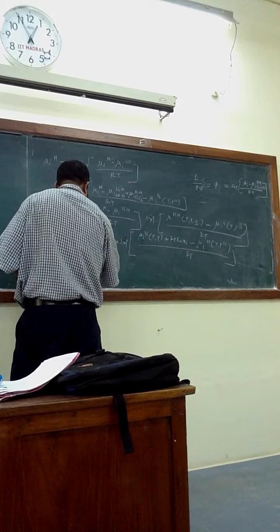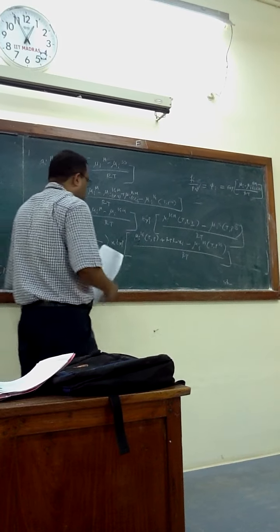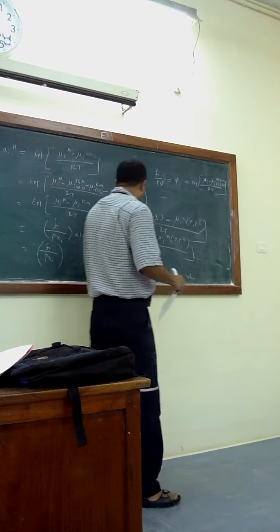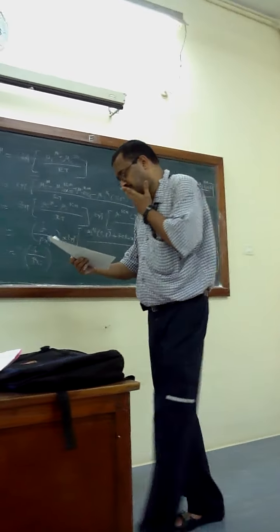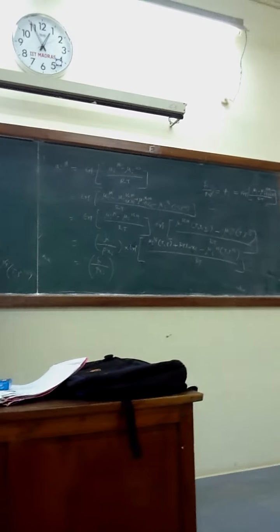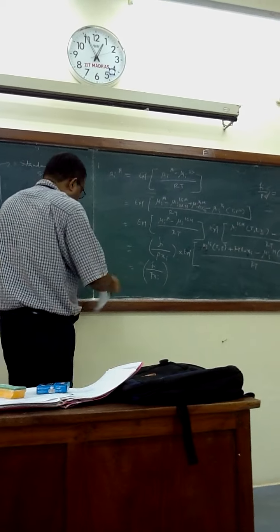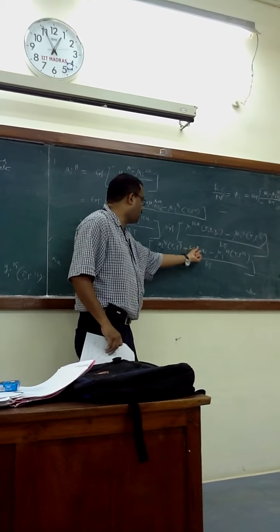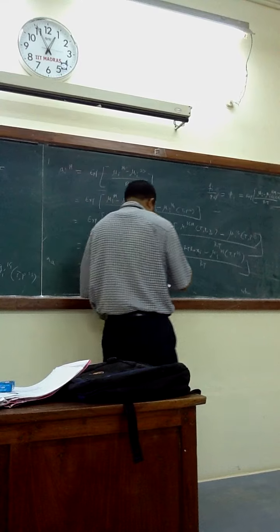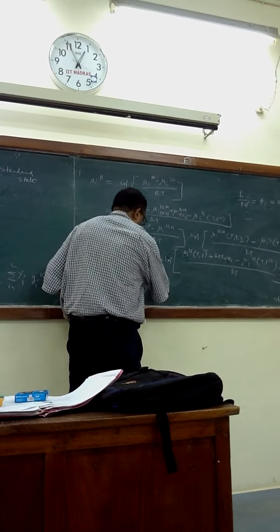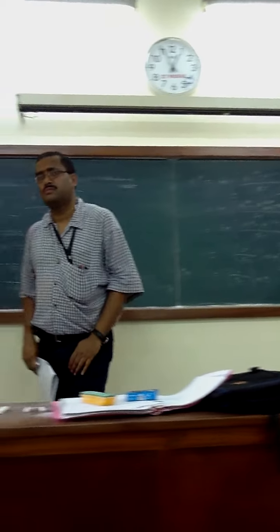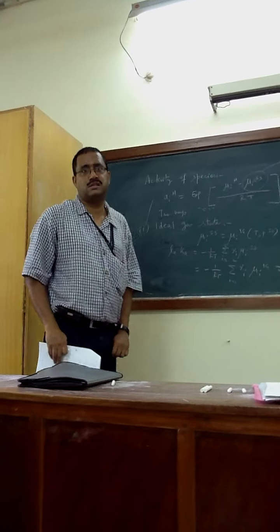Phi I by P x I is already there. This term you have to take out. What do you get? This term I want to take out. E to the power ln x is x.